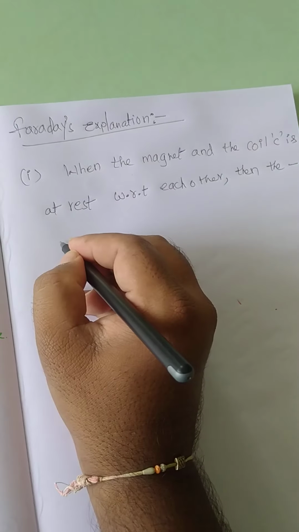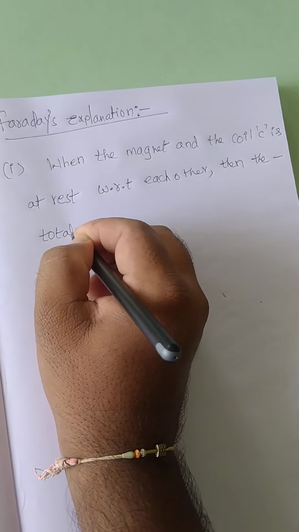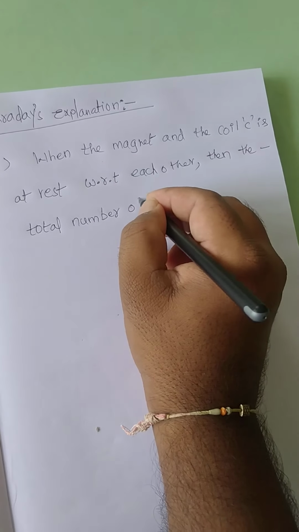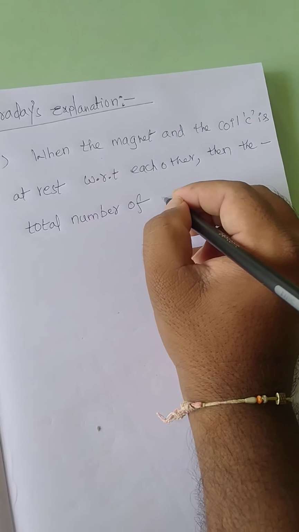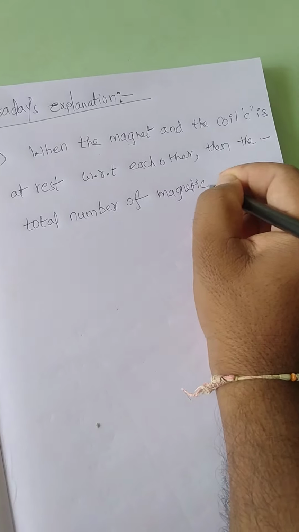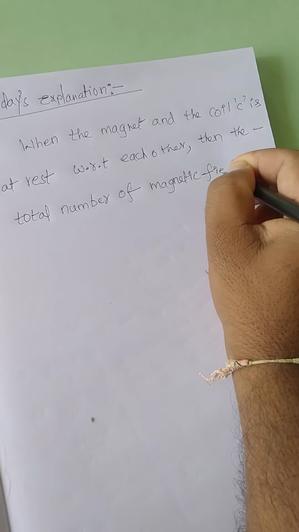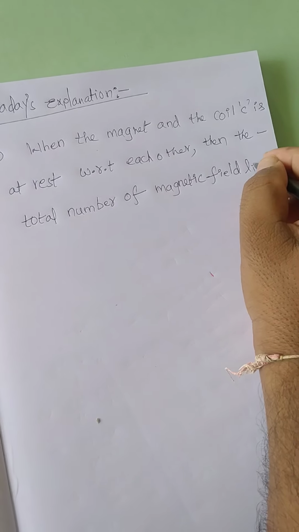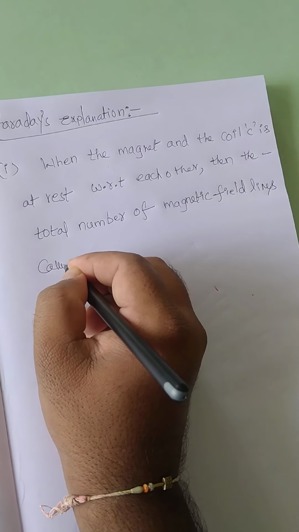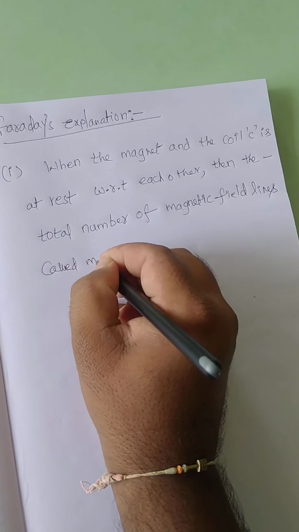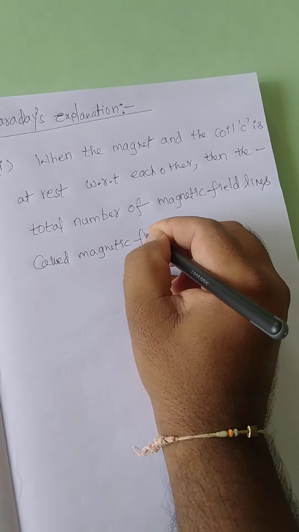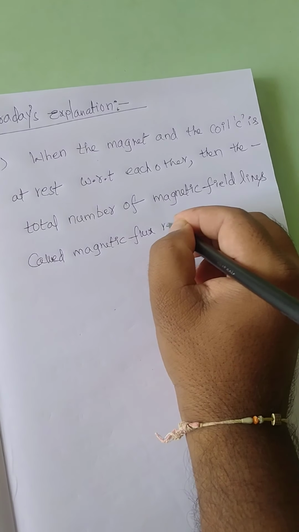then the total number of magnetic field lines per unit area, what we call magnetic flux, remains constant.